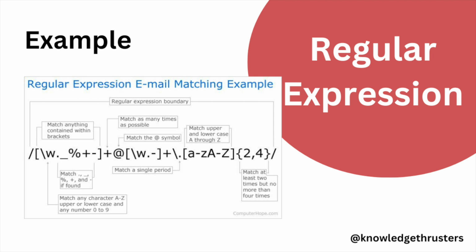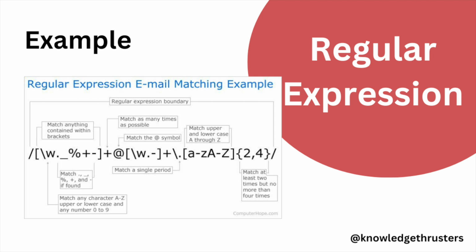After that, the at-the-rate symbol, so in an email the at symbol should be there, and after that you can see again word characters are possible. Then there is a dot, which matches a single period, because .com, .in, there are so many, so it depends, then the dot should be there.